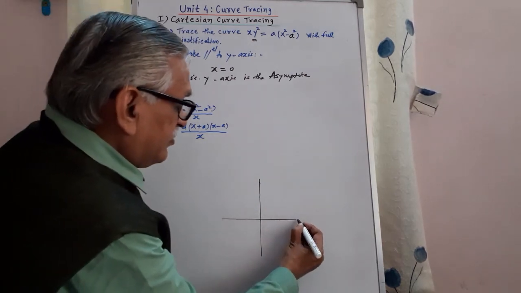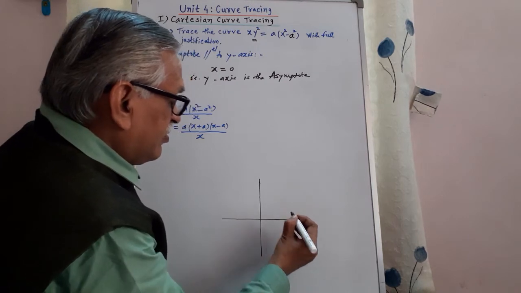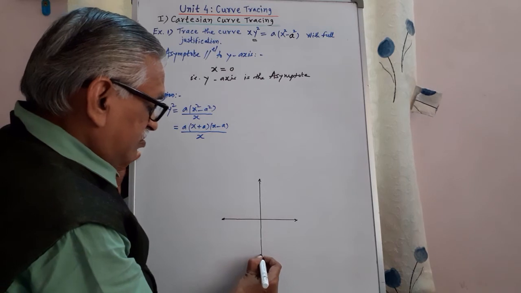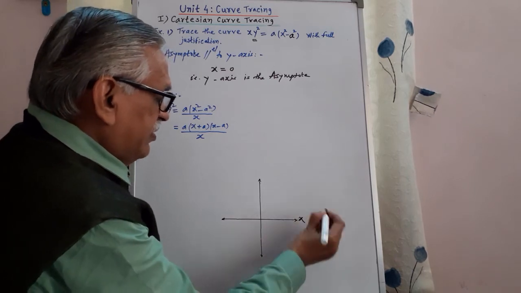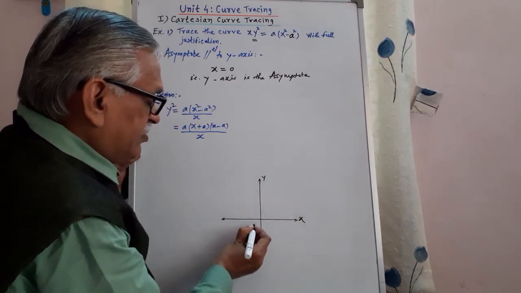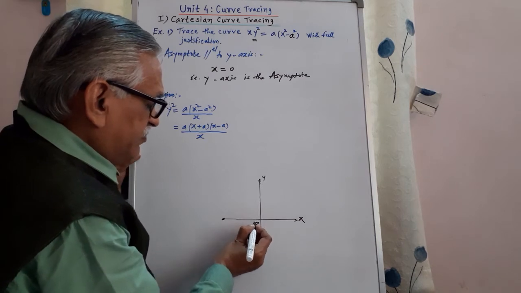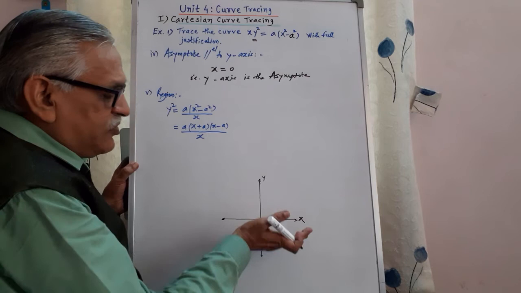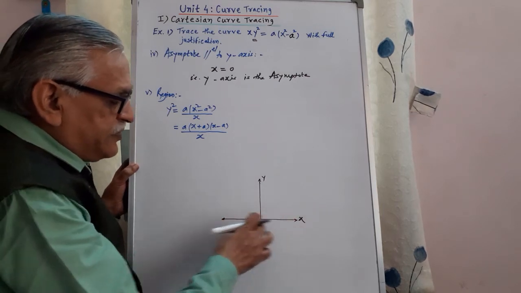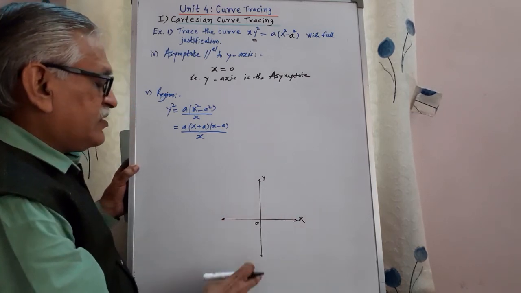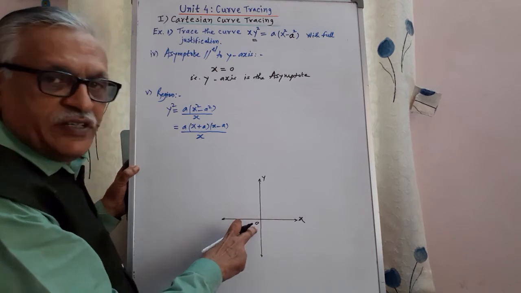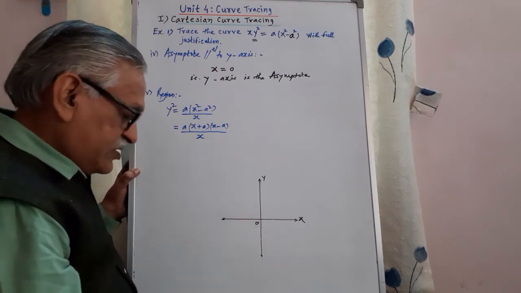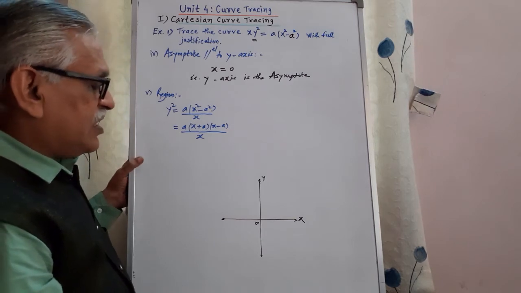Here it is. X-axis, y-axis, origin. Symmetrical about the x-axis means whatever curve we have to draw, it must be symmetrical to this x-axis. The curve is not passing through the origin. Therefore, the origin is not a point on the curve.